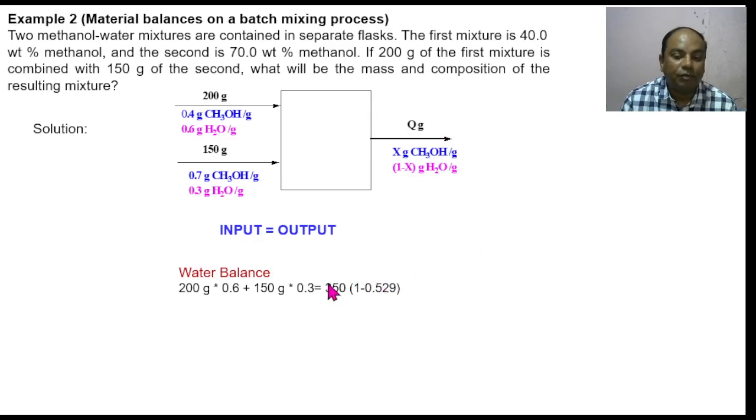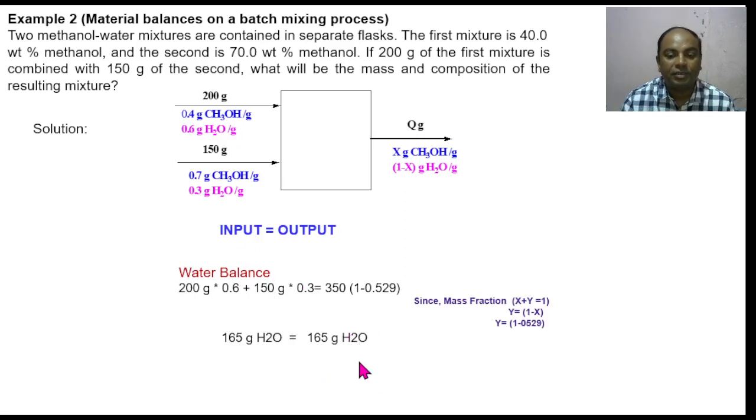So we know what we calculated earlier, X. Put this value here, 1 minus X, and we get the resulting water balance. How much is the water balance? 165 gram. So 165 gram of water is present on the left hand side as well as on the right hand side.